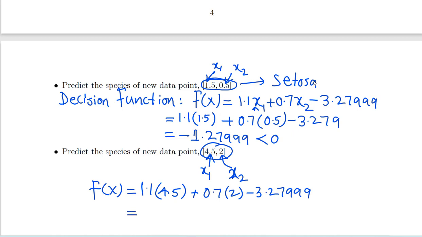If you type that in a calculator, you get 3.07001. Whatever the value is, it's always going to be a positive number, bigger than 0. Positive means it belongs to Versicolor.